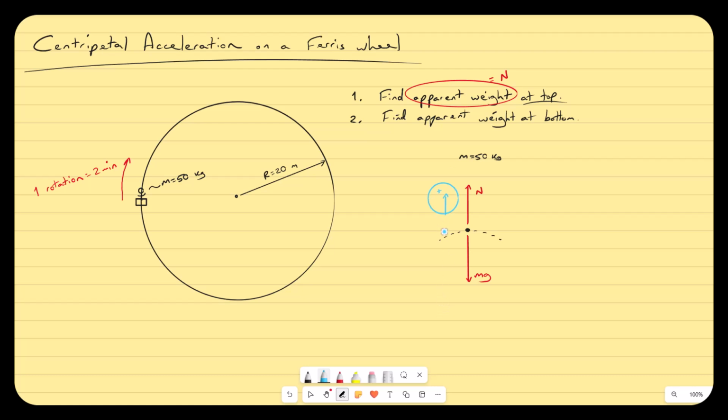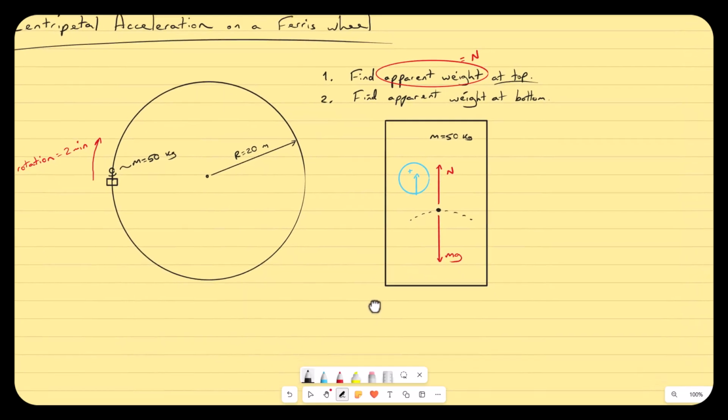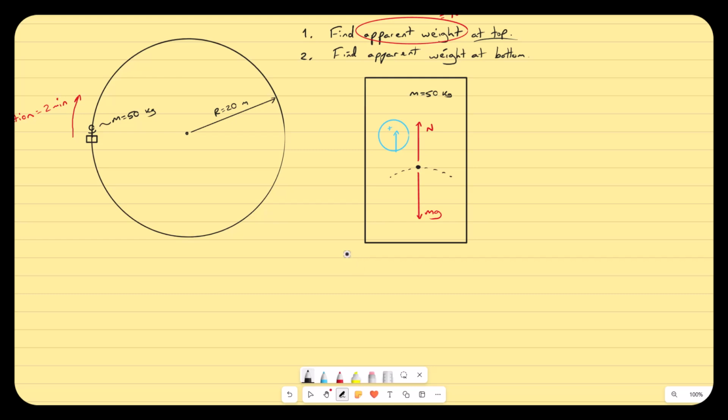This whole problem is vertical, so I don't need an x and a y. My sum of forces equation says that at the top I've got a normal force going up. That's the force I'm looking for. I've got minus mg, and that equals mass times acceleration.